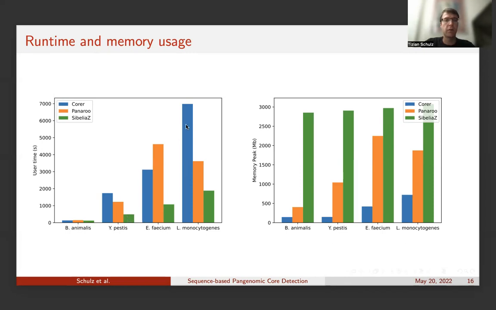So if we would also use a larger k-mer size like SibeliaZ here, probably we would be also much faster. But since the absolute runtimes are still small, we could afford to go for a lower k-mer size and get a better sensitivity here. On the other hand, if we look at the memory usage, we see that Cora actually is only taking very little memory compared to the other 2 approaches.